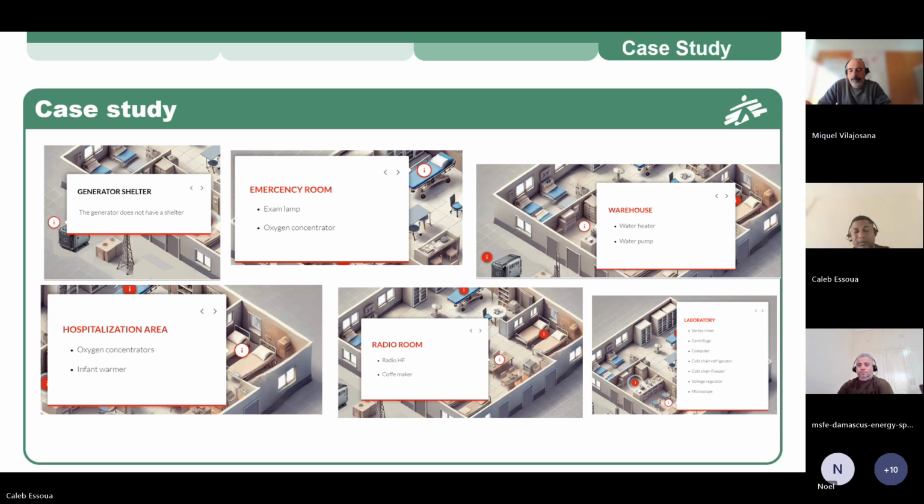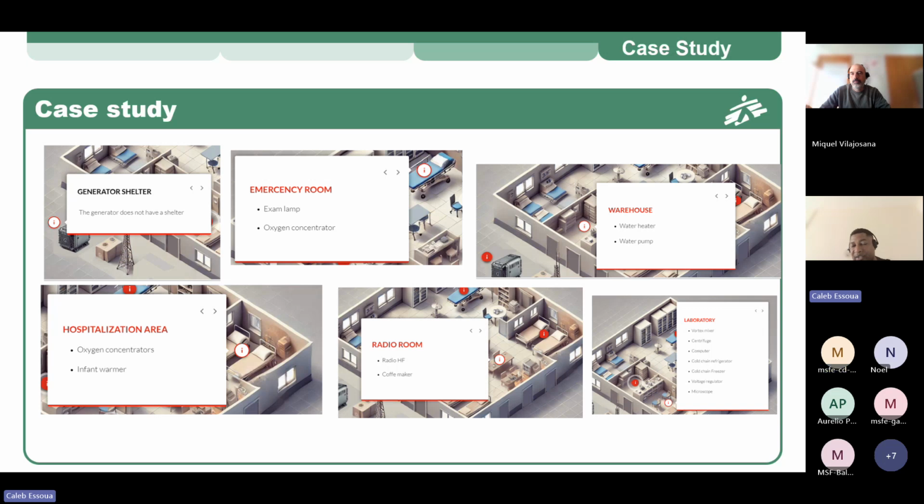My question is, is it necessary to show the calculation, or do we just need to put the final value of power? No, if you have the power already there, for example, on the oxygen concentrator, you have like 450 watts, this is the only thing you need.